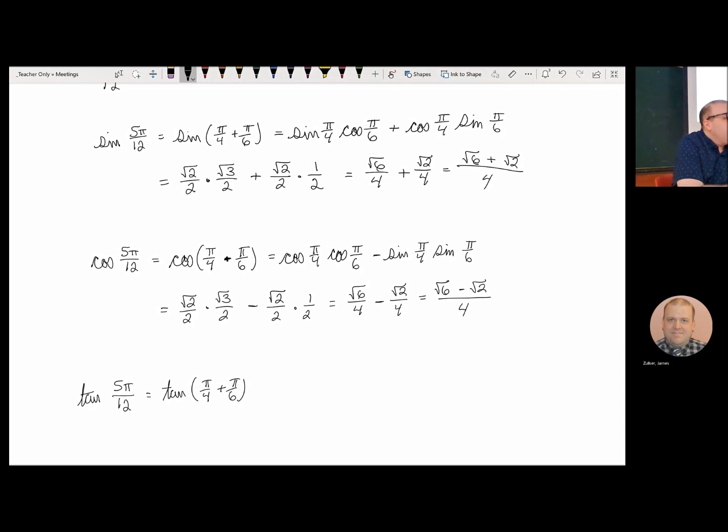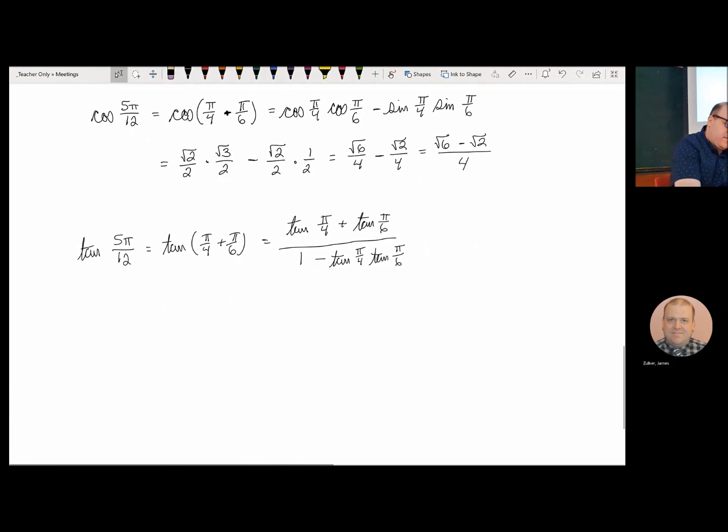Tangent would give us tangent of pi over 4 plus pi over 6. Tangent of pi over 4, we already did.